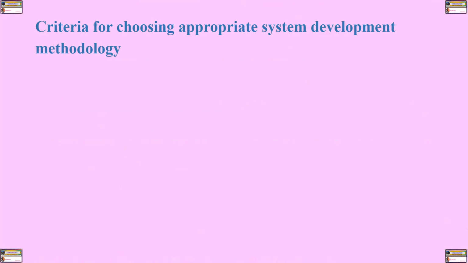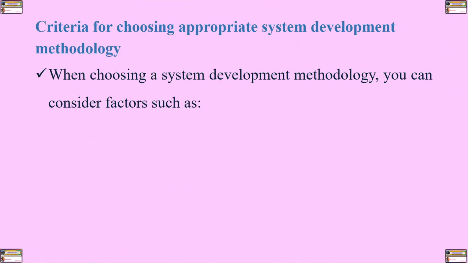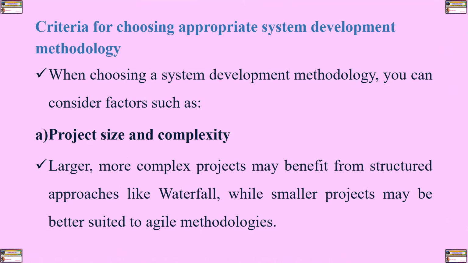Let's now look at the criteria for choosing an appropriate system development methodology. When choosing a system development methodology, you can consider factors such as the project size and complexity. This is because larger, more complex projects may benefit from structured approaches like waterfall, while smaller projects may be better suited to agile methodologies.